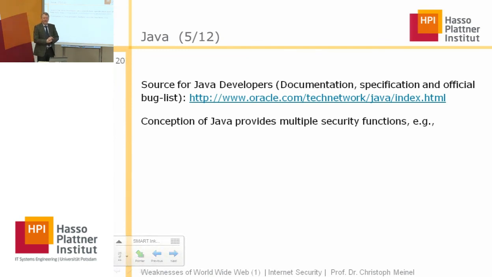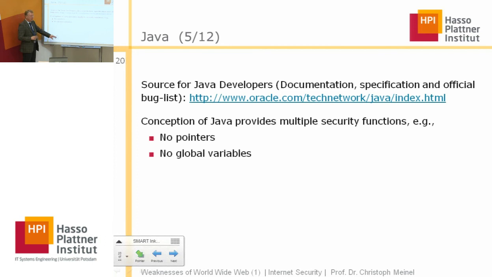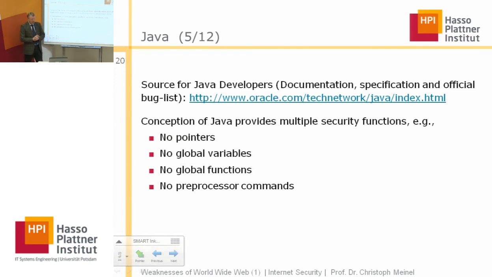What about security issues around Java? The conception of Java provides various security functions. For example, it's not allowed to use pointers. It's not allowed to use global variables, global functions, or preprocessor commands.